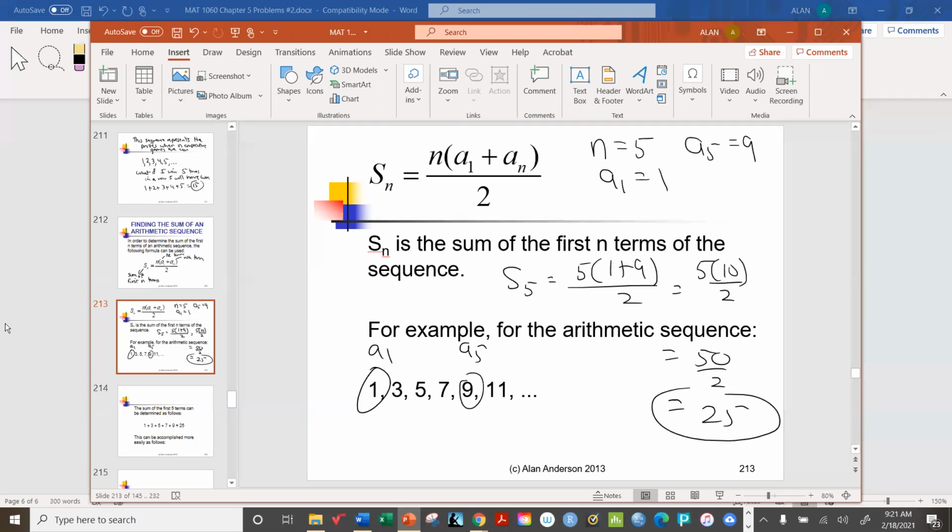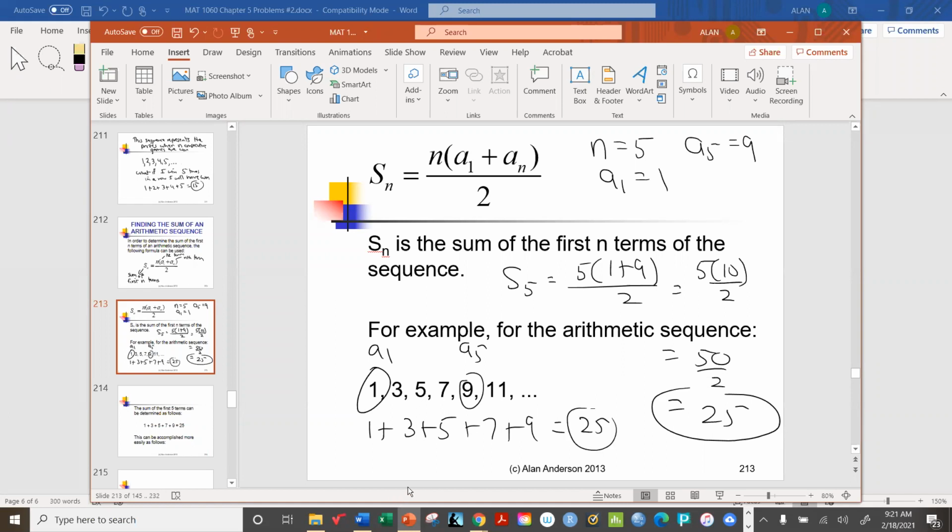So what this is saying is that the sum of these 5 terms should be 25. Is that true? Let's find out. Take out your calculator. Let's see. Yes, that's right, 25.